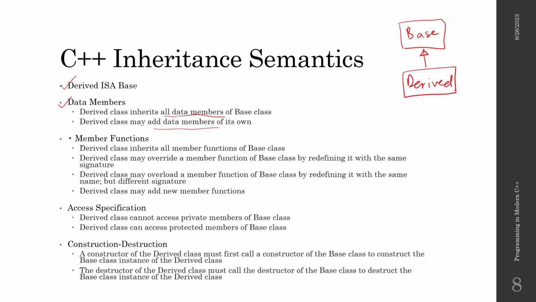Then we come to the member functions. So similar to the data member case, the derived class inherits all member functions of the base class. Okay, and then the derived class may override a member function of the base class by redefining it with the same signature.